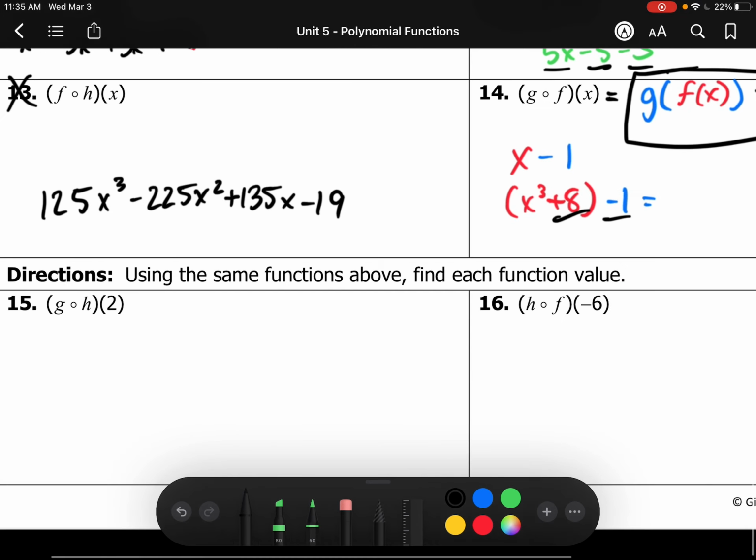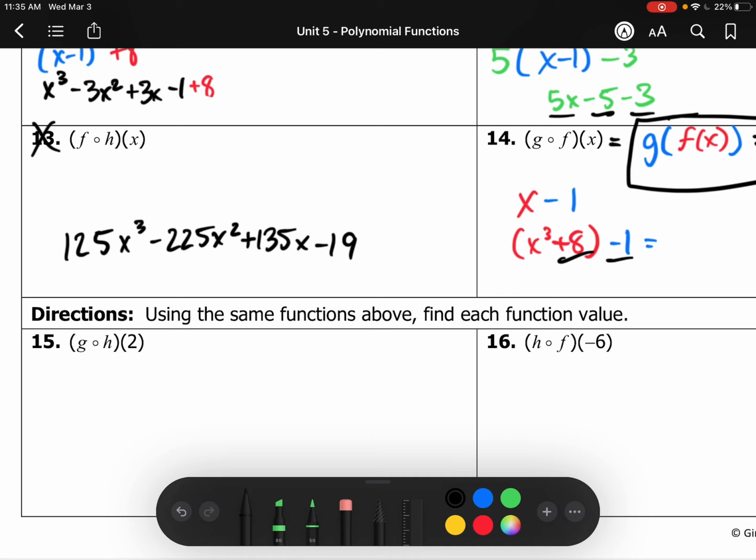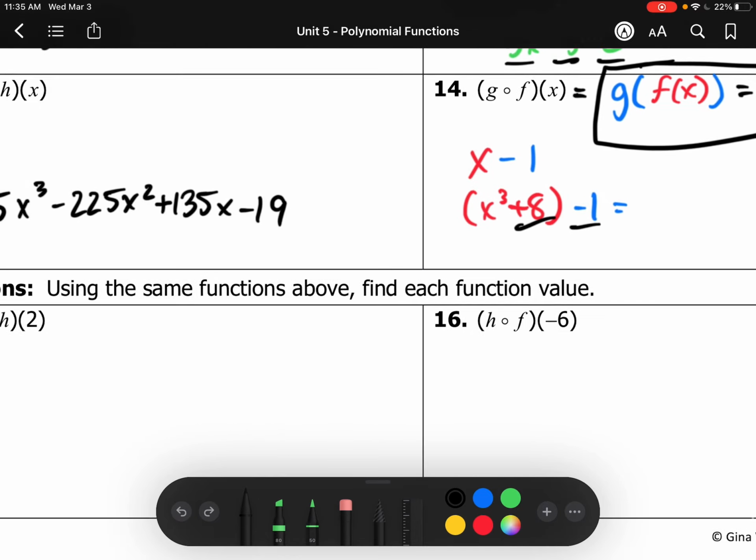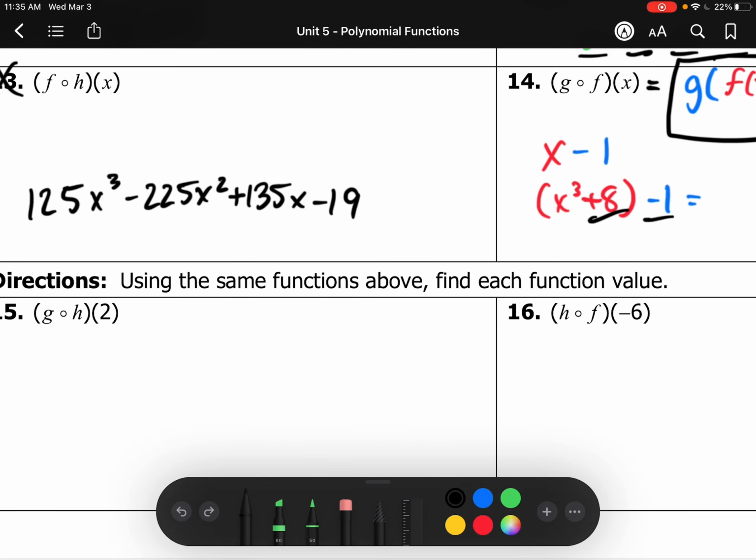All right. So next, we're going to move on to number 15 and 16. The directions tell us, using the same functions above, find each function value. So similar to how we wrote this and we expanded it, we're going to expand this as well, right? So this is g of h of 2. Normally this was x, but this time instead of x, we're writing 2.